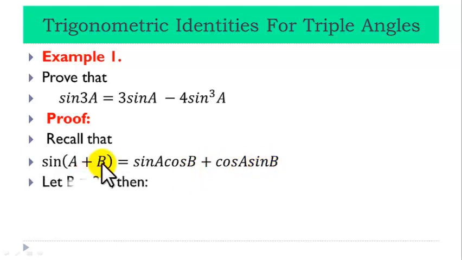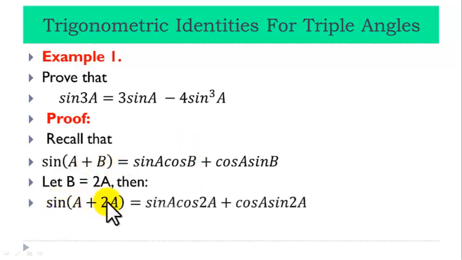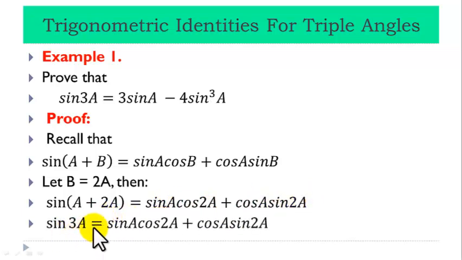Let us put b equals 2a, so that this identity will become sin(a plus 2a) is equal to sin a cos 2a plus cos a sin 2a. That is, sin 3a is equal to sin a cos 2a plus cos a sin 2a.